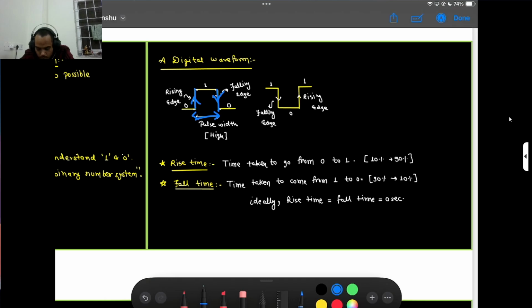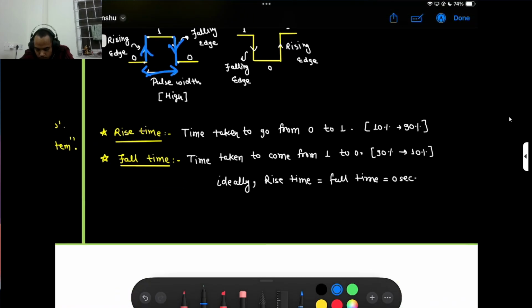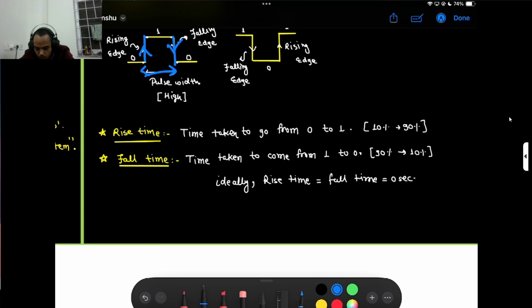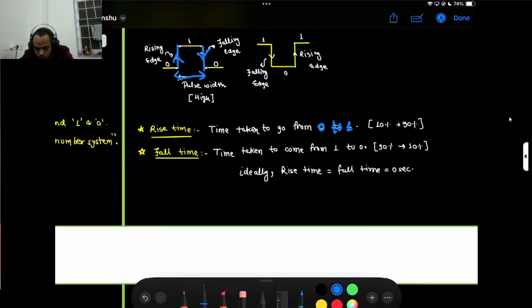Rise time is the time taken to go from 0 to 1, and rise time is measured from 10% to 90%.